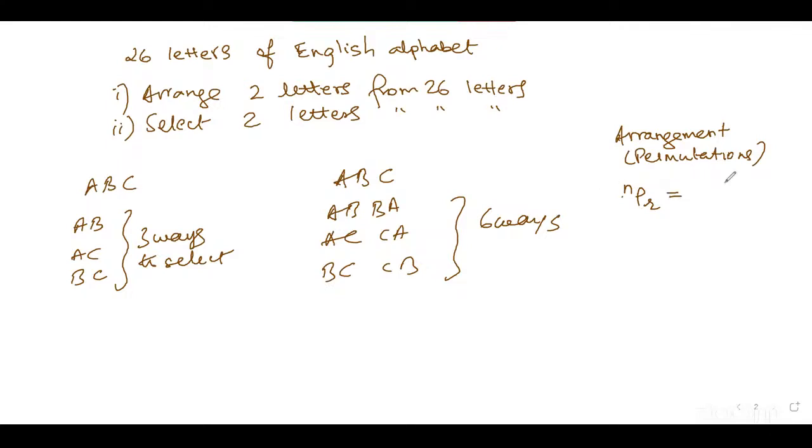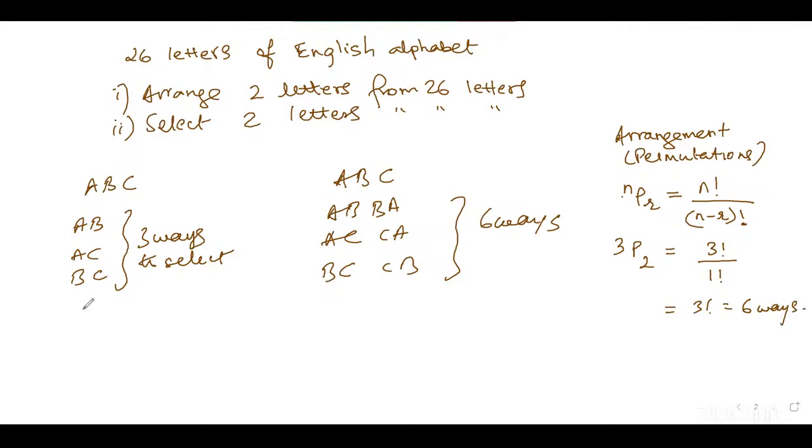The formula is n factorial upon n minus r factorial. Got it? So let's work out our 6 ways first. If there were 3 letters and you had to arrange 2 letters, 3P2, you have 3 factorial upon 3 minus 2, n minus r, that is 1 factorial, and that is 3 factorial itself, which is 6 ways, 3 into 2 into 1.